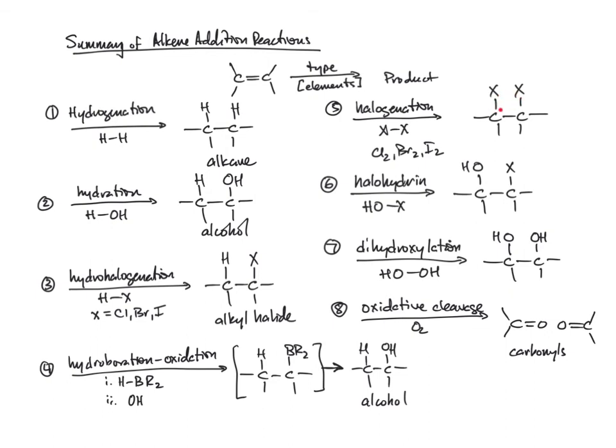Halogenation, now you have 2 of those, so the parent regions would look a little bit more complicated because now you're considering 2 halogens. Here you have OH in the IR and the halogen in the mass spec. Again, IR for OHs. Now for oxidative cleavage, you're going to see the carbonyl stretch in the 1600 to 1800 region. So again, those are methods of spectroscopy you can use to determine the product formation.